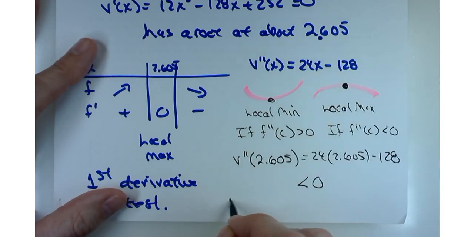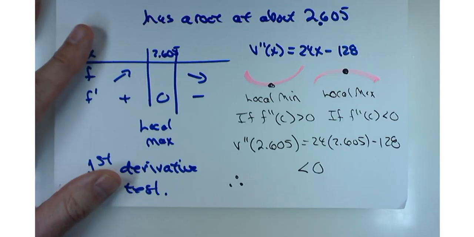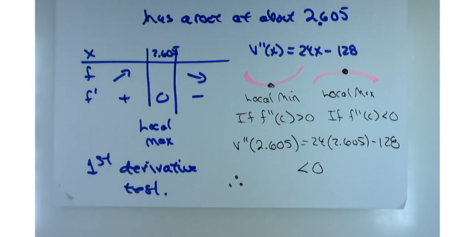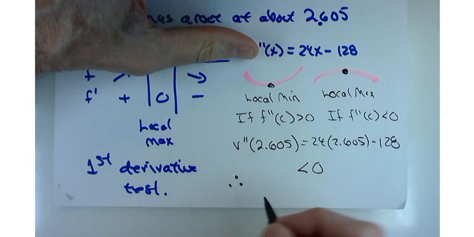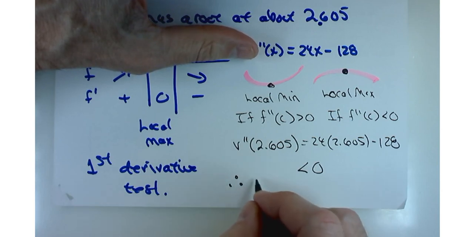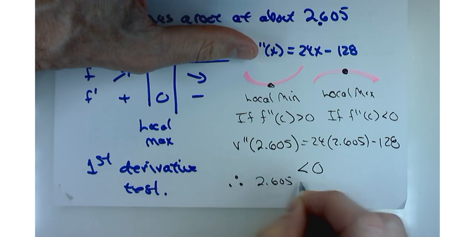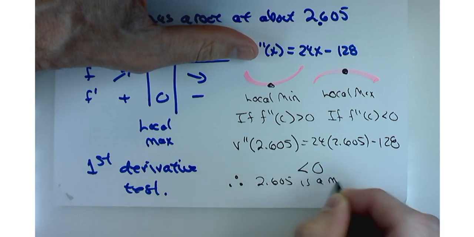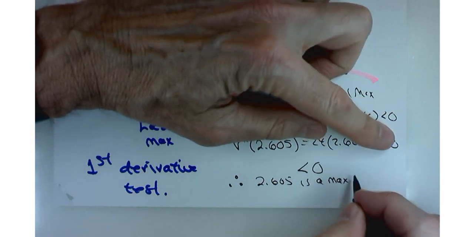So let me use this little triangle of dots. You've seen that before? Triangle dots? Yeah. All right, so it means therefore, 2.605 is a max by the second derivative test.